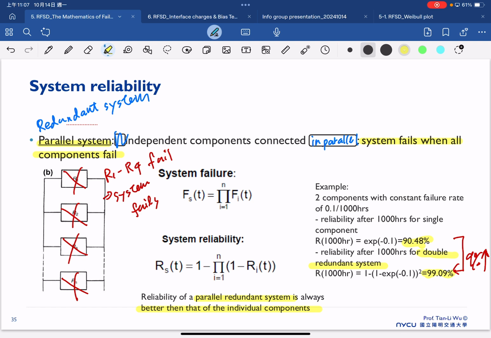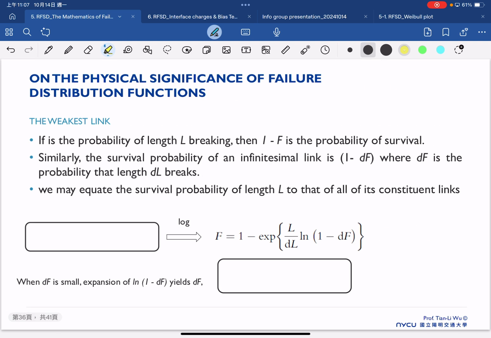Now we also have to understand the physical meaning of the failure distribution function in this class. Although in this chapter we mainly talk about the mathematical equation, in the end we still have to connect with our physics understanding of the semiconductor device, especially related to the reliability mechanism.